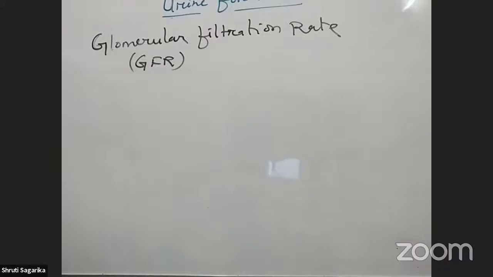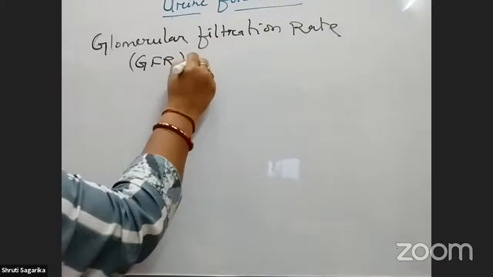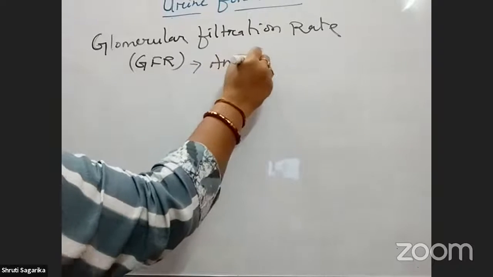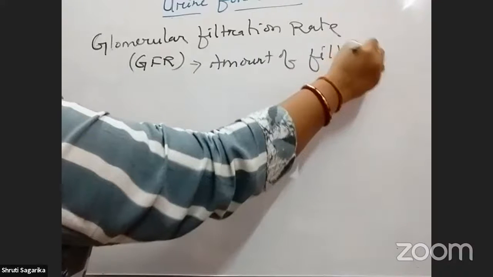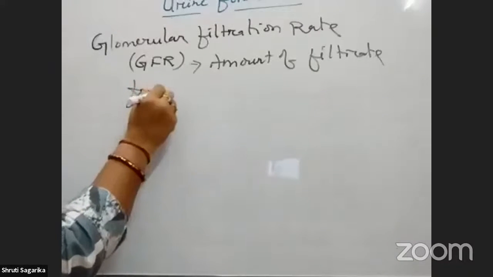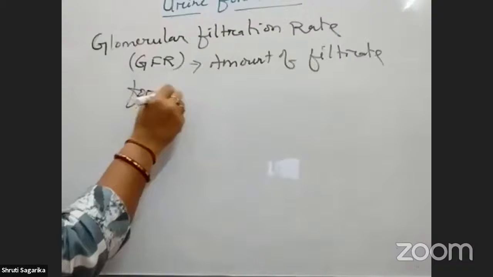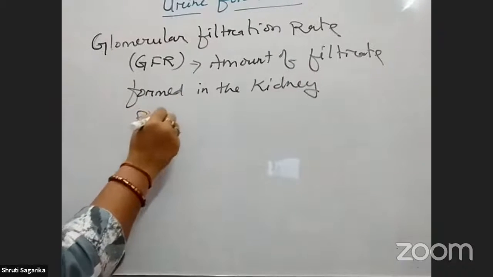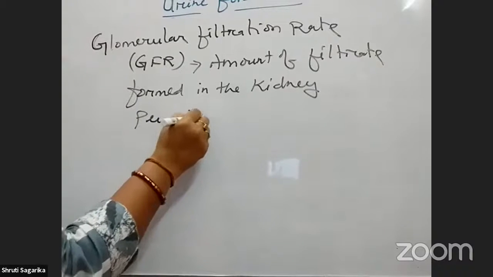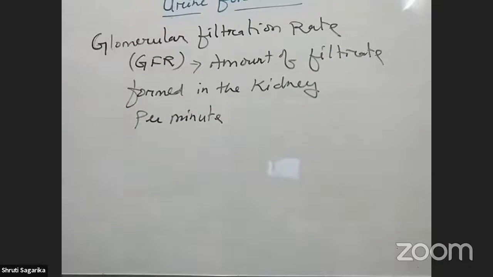Amount of filtrate formed in the kidney per minute. Amount of filtrate produced or formed in the kidney per minute is called as glomerular filtration rate, right?